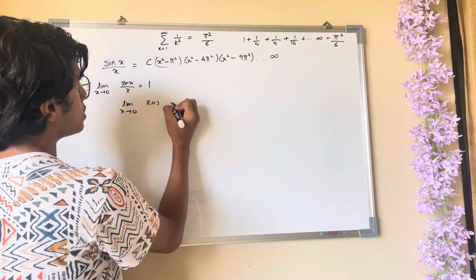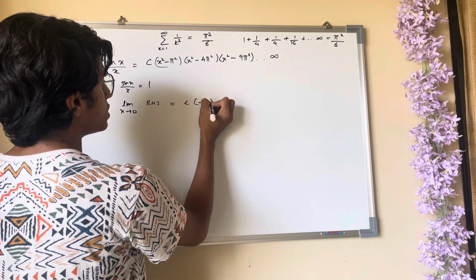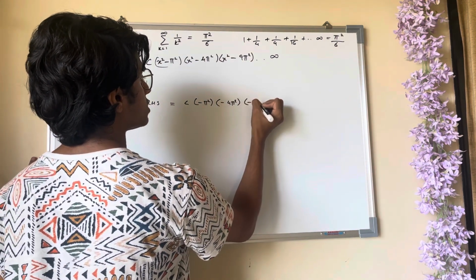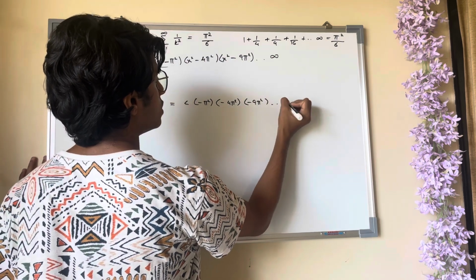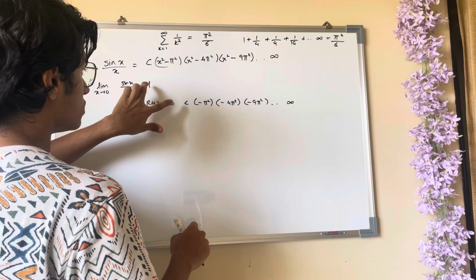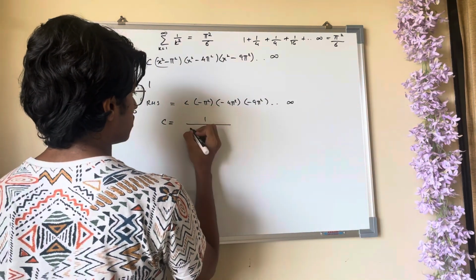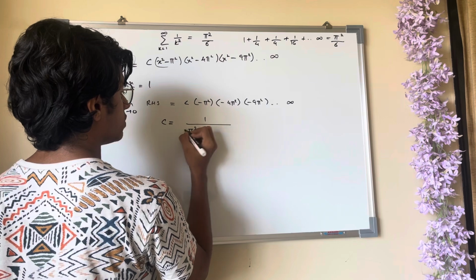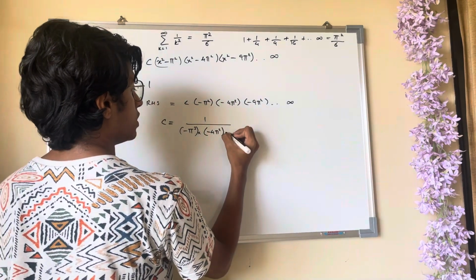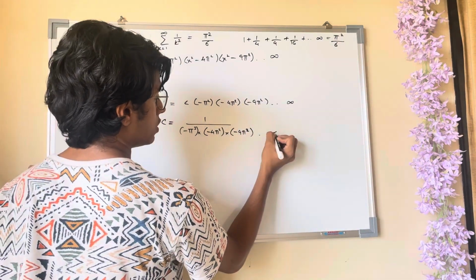RHS is equal to the constant c into minus pi square into minus 4 pi square into minus 9 pi square, so on till infinity. And these two are equal, so the constant c can be written as 1 by pi square into minus pi square into minus 4 pi square into minus 9 pi square, so on till infinity.